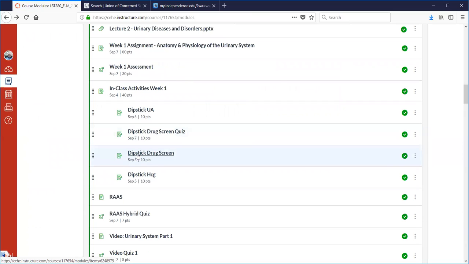We'll be doing the dipstick urinalysis and drug screen and the HCG. HCG is human chorionic gonadotropin, which is a pregnancy test. It's what the doctors will use when they do that pregnancy test in the office.